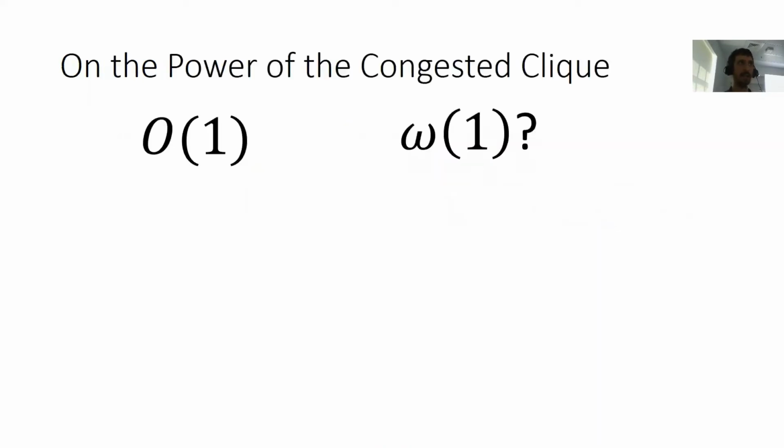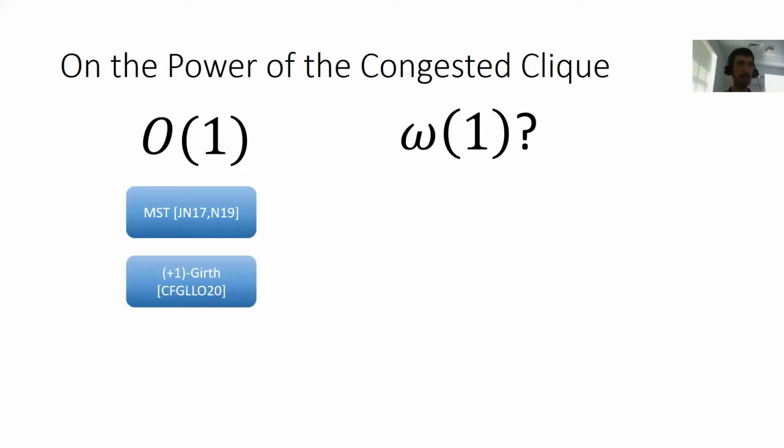So let's talk a bit about the landscape of complexity in the congested clique. We know several problems can be done in order of one rounds. For example, MST, which was shown first randomly and then deterministically, approximating the girth, delta plus one coloring, and there are several other problems as well. On the other hand, in shortest path related problems, we're close, but we're not quite there.